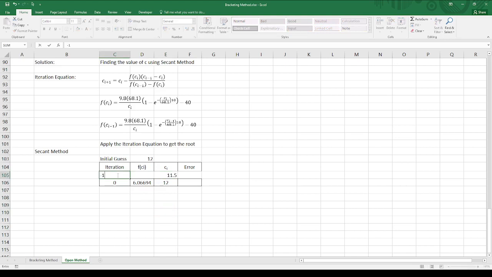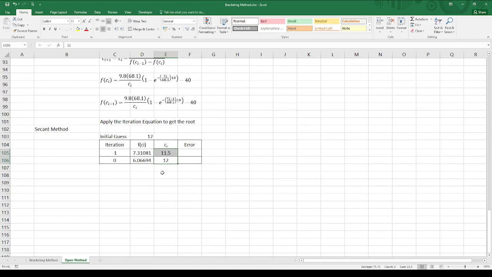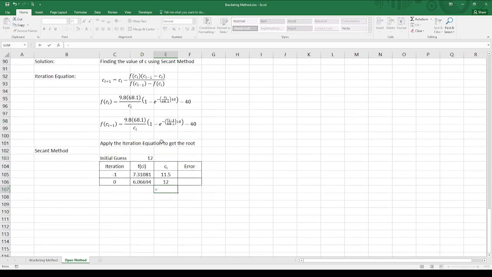Say minus 1. So the new root here should be based on this.